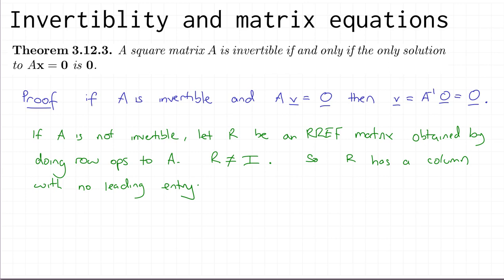Okay, if there's a column with no leading entry, there is at least one fundamental solution to Rx equals 0. Right, if there is a column with no leading entry, then there is a free parameter in the solutions to that matrix equation. And if there's a free parameter, there is a fundamental solution, and fundamental solutions are not 0.